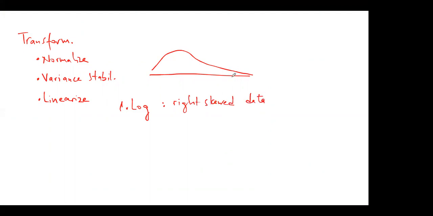If I have right skewed data and apply logarithmic transformation, after transformation it will become symmetrical. It moves the central part from left to the right. It moves the graph to the right, the logarithmic transformation.